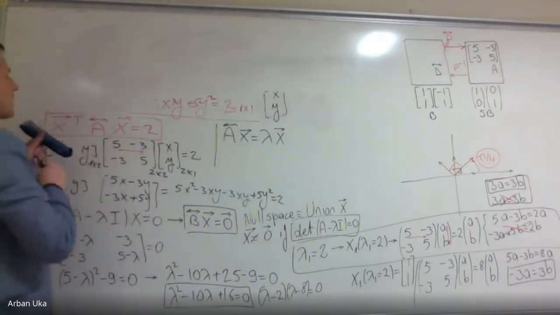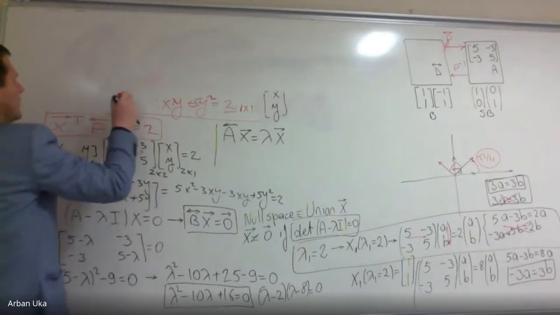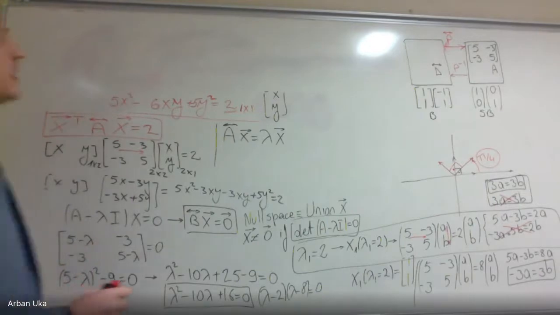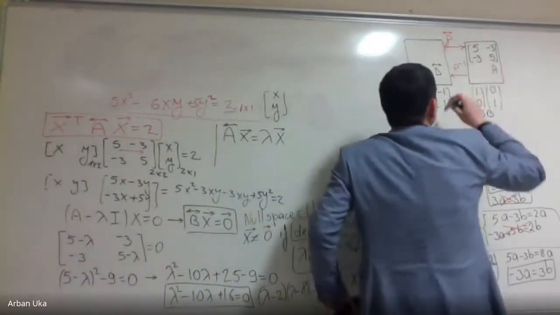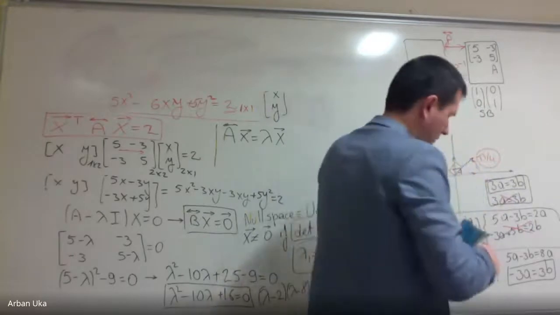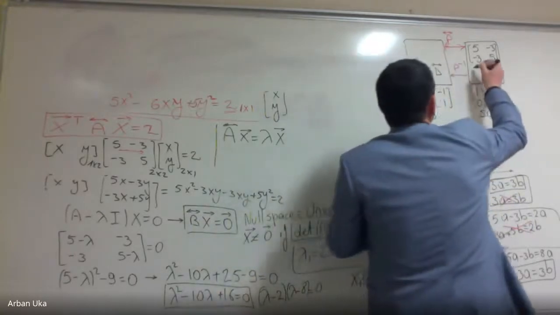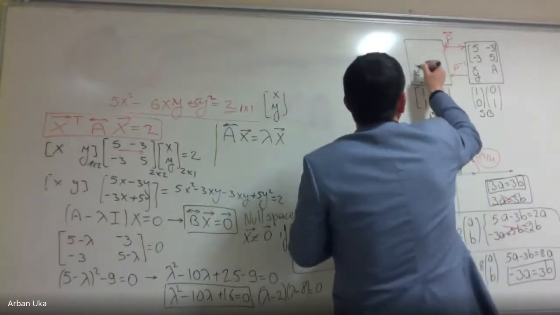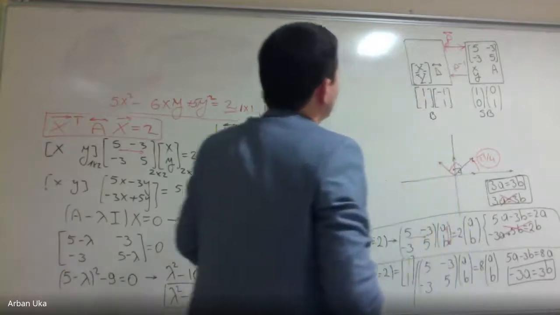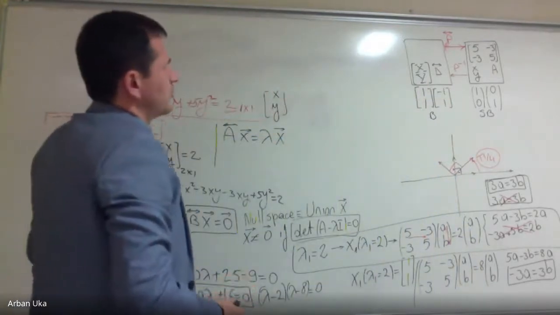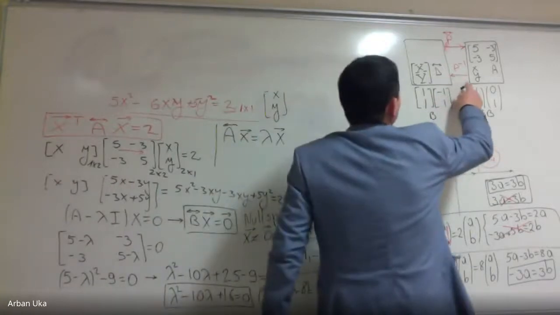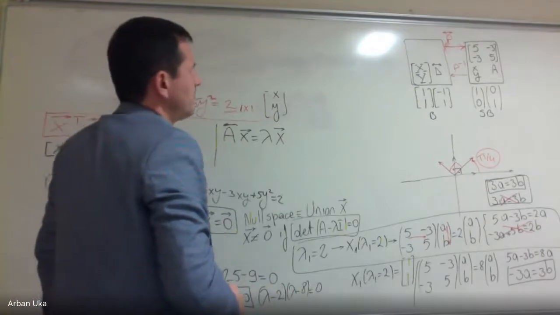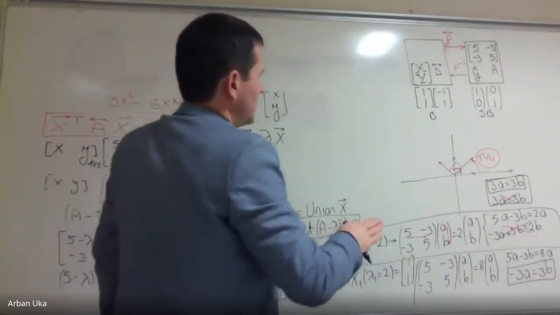So this was 5x squared minus 6xy, and this is equal to this. Now, in the standard basis, we have little x, y, and in the other basis, we can consider capital X, capital Y. And then, what was the linear transformation that we can use to move from one to the other? It is the rotation matrix.